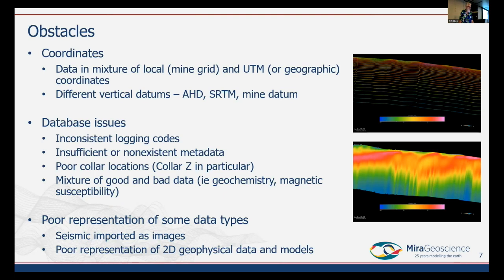You have database issues, where you've got 300 million geology codes in your database. You've got either insufficient or non-existent metadata, which means that you can't properly use the data that you have. You've got poor drill hole collar locations.